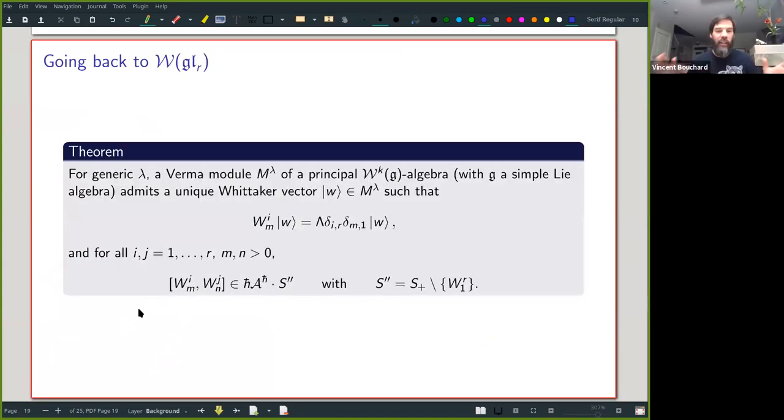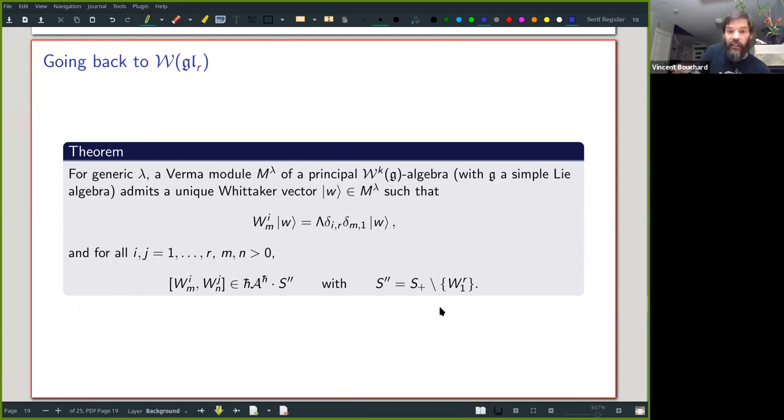All right, so now that leaves us to two theorems. So first, one thing that we proved, this is just from vertex operator algebra directly, is that for generic highest weight lambda and a Verma module of a principal W algebra, which is what we're looking at here, there always is a unique Whittaker vector in the Verma module such that this condition is satisfied. So it's killed by all positive modes except WR1.